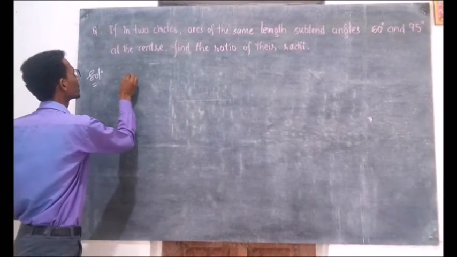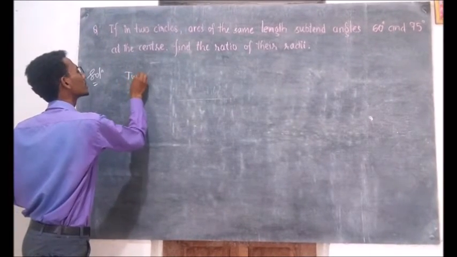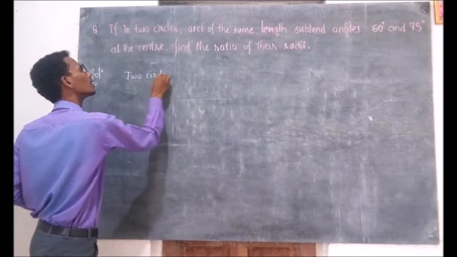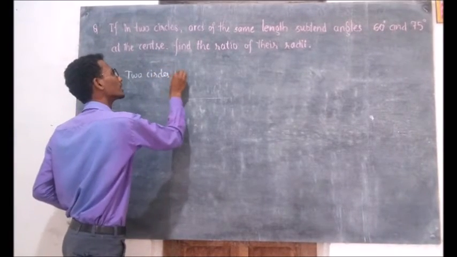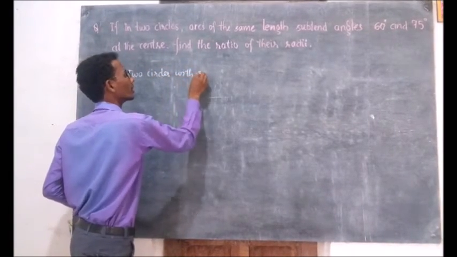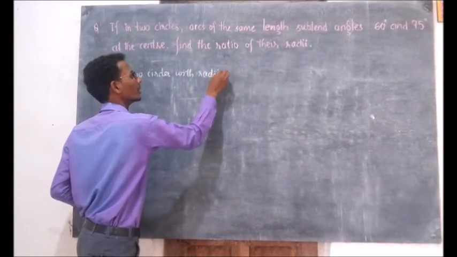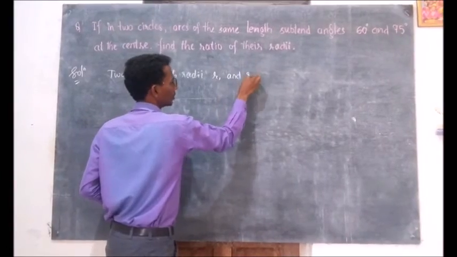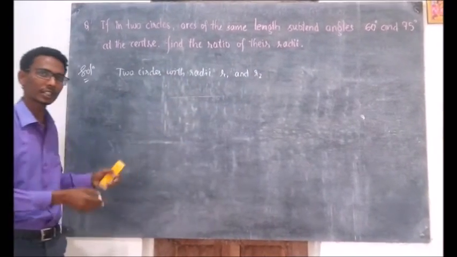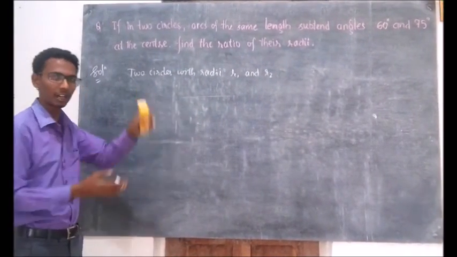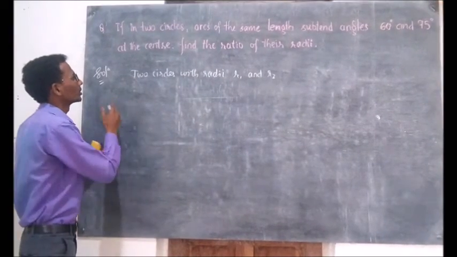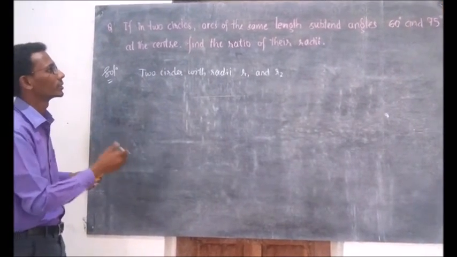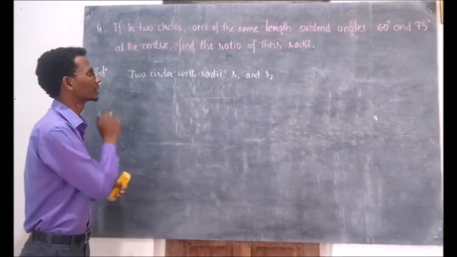We have two circles with the radii R1 and R2. So they have asked us to find out the ratio between R1 and R2. So let's look into the other thing which has been given in this problem.